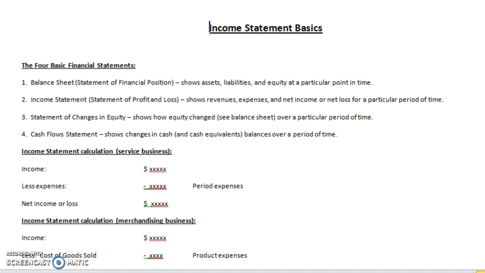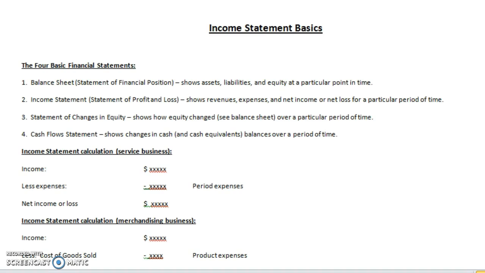That's what we see with the statement of changes in equity. And then the cash flow statement shows how cash and cash equivalents have changed over a period of time. So each one of the four basic financial statements tells us something different about the entity, and then we can put those together and try to get a picture of what really happened for this entity.